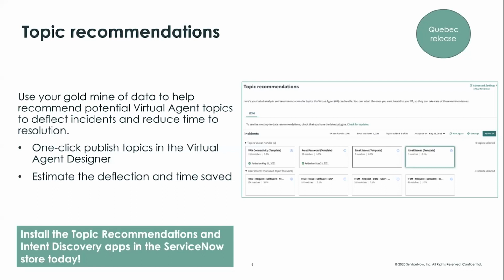If topic recommendation says, hey, you have a lot of incidents about VPN connectivity or password reset that could be handled, you can simply select those, click add to virtual agent, and it'll automatically be added to virtual agent for you. Not only that, for each of the topics, it can also estimate the time of deflection and the time saved.